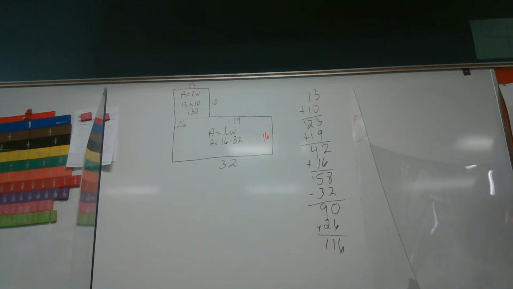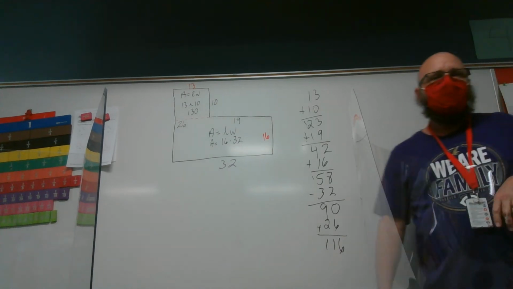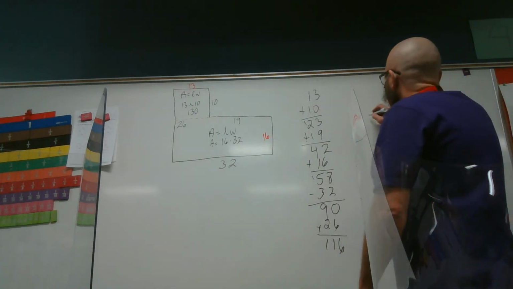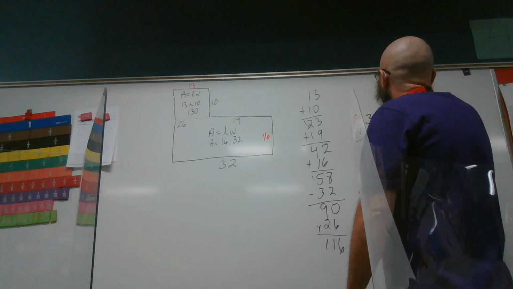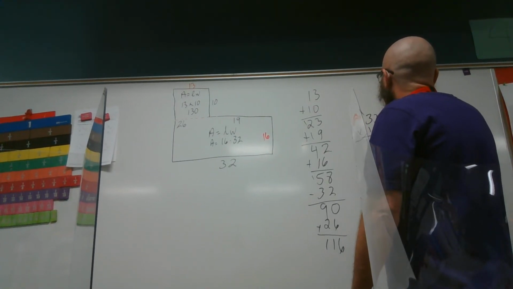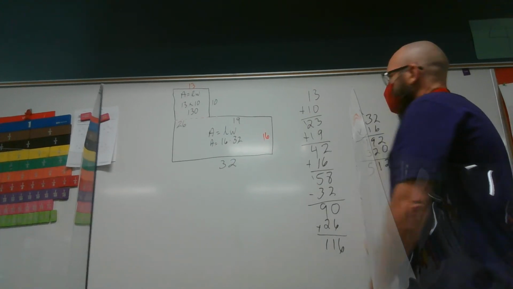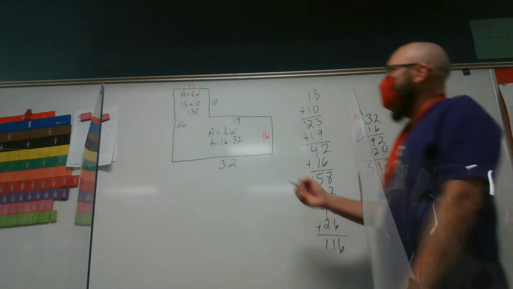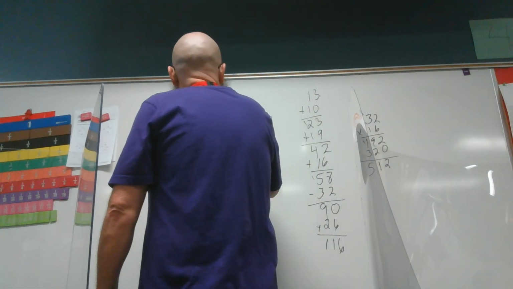And y'all are going to have to figure that out, not me. You got 512? Is that right? Hold on, I'm checking. It looks like it is 512. So the area for this is 512.